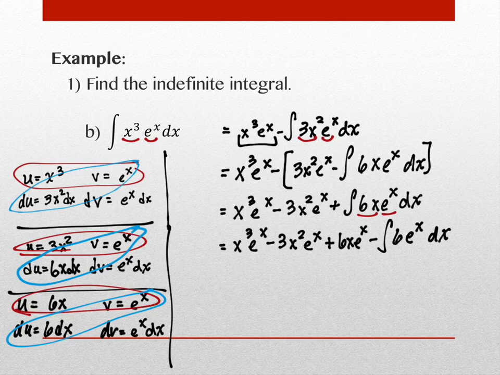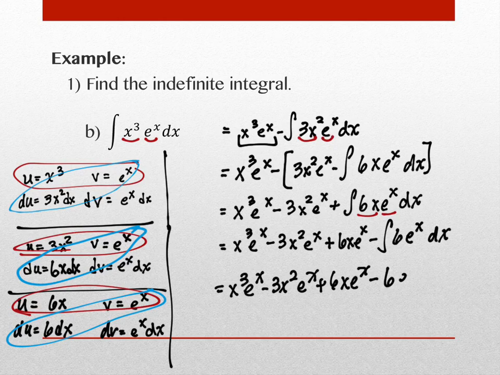I do realize the 6 is being multiplied, but it's a constant multiplier, not a variable multiplier, right? Variables create products, not constants. So what's the antiderivative of 6e to the x? 6e to the x. And there's a negative just because there's a negative in front of this, right? So we have x cubed e to the x minus 3x squared e to the x plus 6x e to the x minus 6, and its antiderivative is itself, e to the x, and then we need plus c.